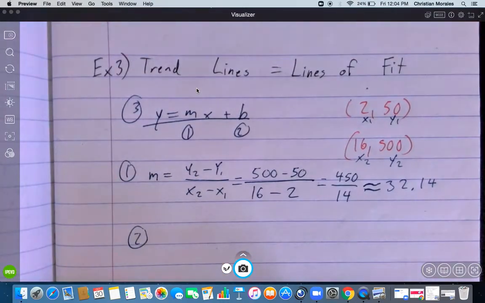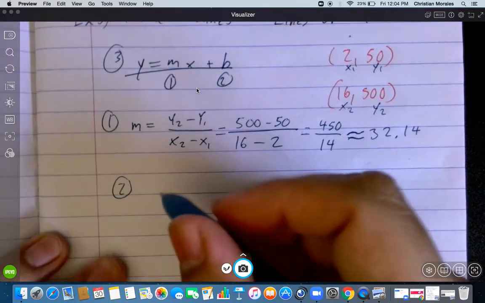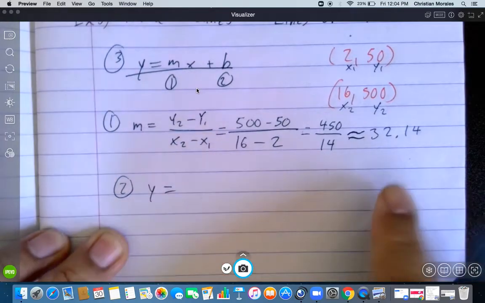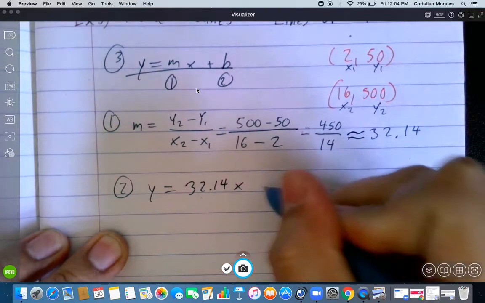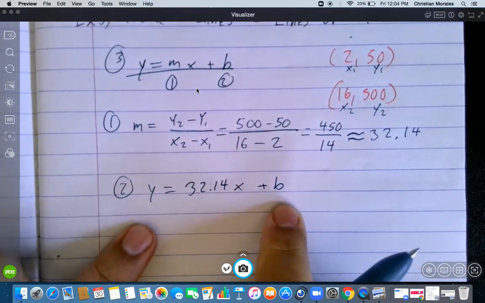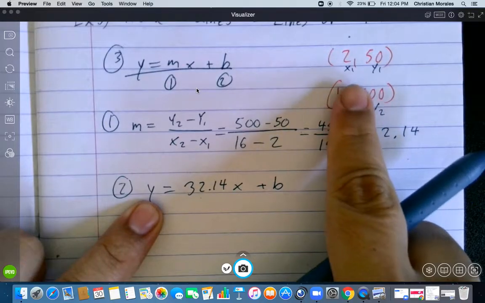Okay, so now let's go on to step number 2. I've got to find b. Now, guys, to find b, you have a couple of choices. In the past, what I've asked you to do is write down the formula with your slope, and to find b, you plug in a point. You plug in one of these points. I'm going to go with the smaller point.